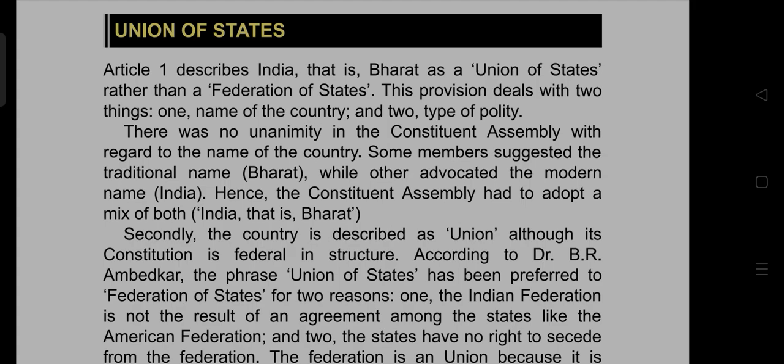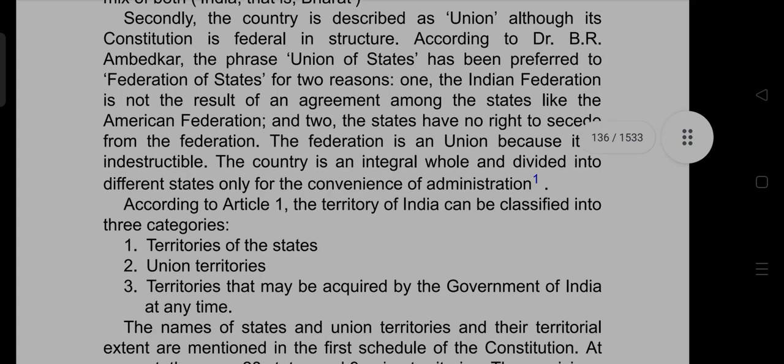Secondly, the country is described as a Union although its constitution is federal in structure. According to Dr. B.R. Ambedkar, the phrase Union of States was preferred to Federation of States for two reasons. One, the Indian Federation is not the result of an agreement among states like the American Federation, and two, the states have no right to secede from the Federation.